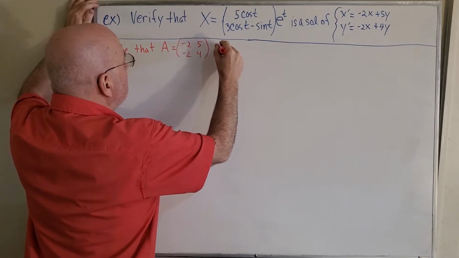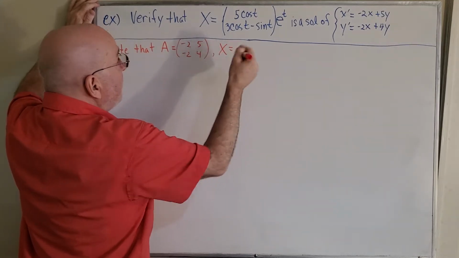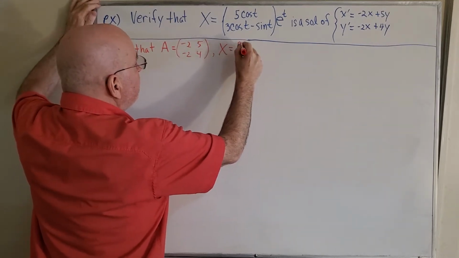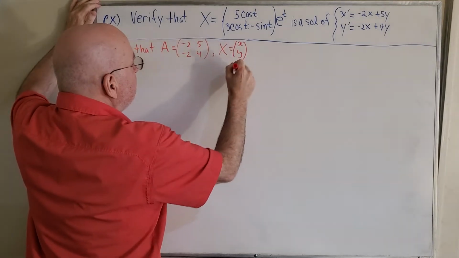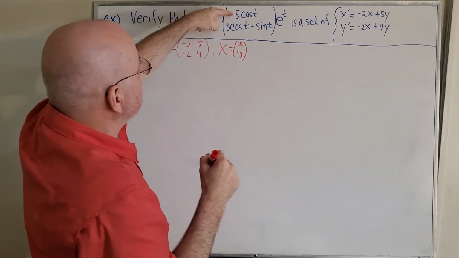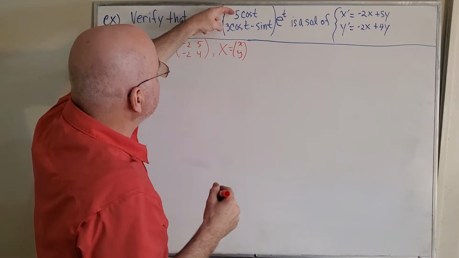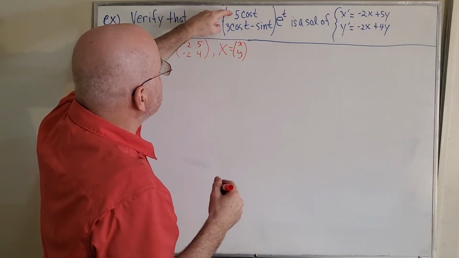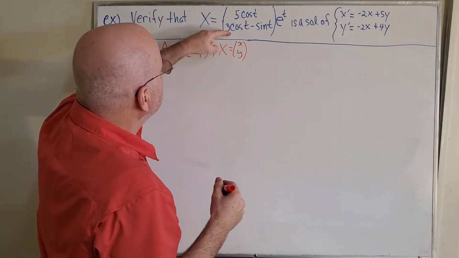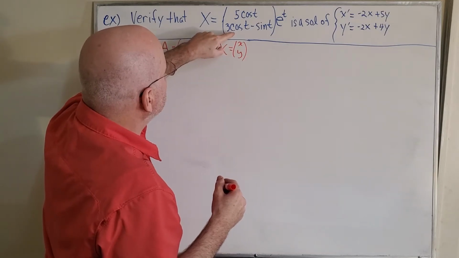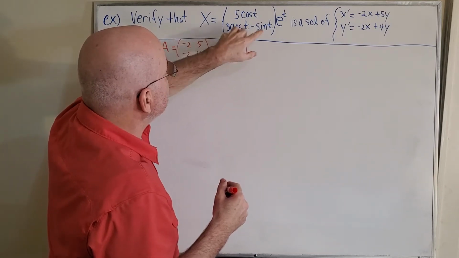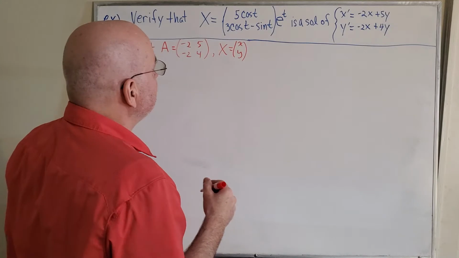And then as usual, x, well, we already know what x is, but this is x, and our little x is 5 cos t, and little y would be 3 cos t minus sin t in parentheses times e to the t.